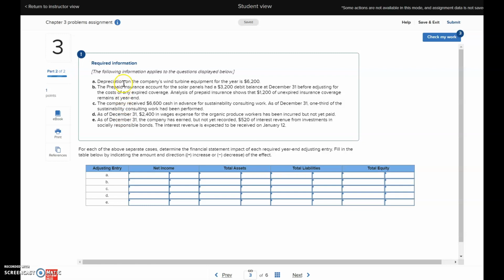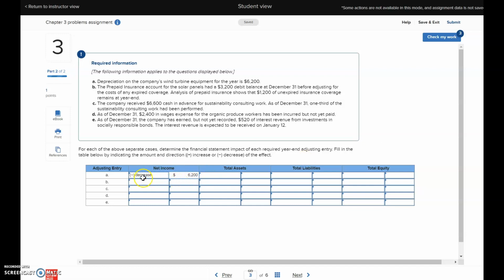So for example, in A, depreciation on the equipment is $6,200. So when we record depreciation expense, that makes expenses higher. That's going to make net income lower. Okay, and since $6,200 is going to be the amount of the adjusting entry, net income is going to go down by $6,200 when you make that adjusting entry.